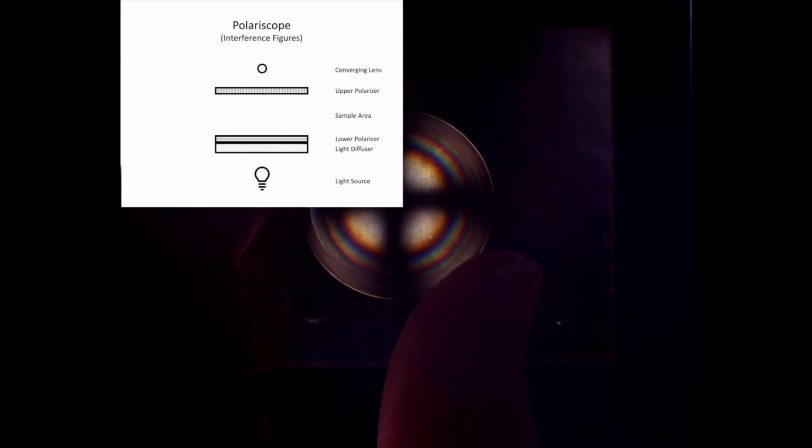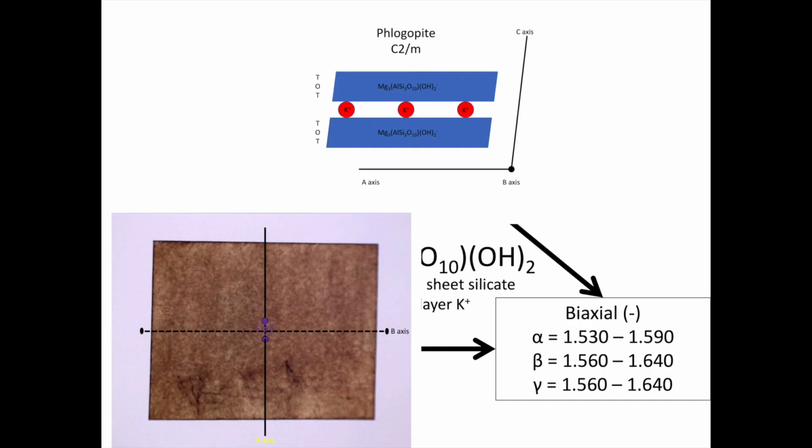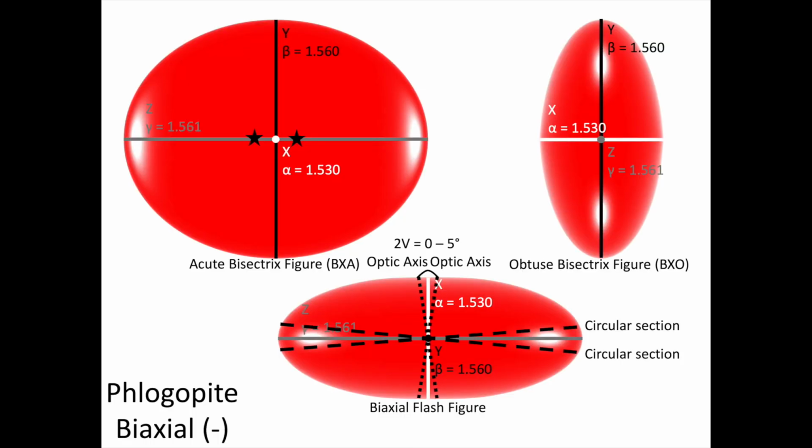We have a couple options to explain what's going on here, and this will help us to better understand the differences between our biaxial and uniaxial minerals. If we take a look back at our refractive indices for our Phlogopite, I want you to notice that beta and gamma have the exact same value ranges. For our example biaxial optical indicatrix for Phlogopite, I picked two different values for beta and gamma.